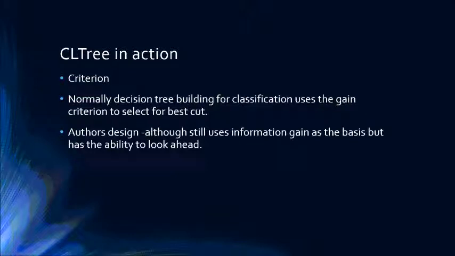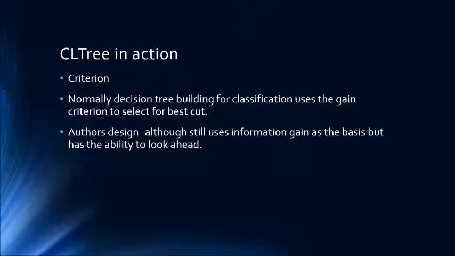Looking at yet another modification, the authors have one with the criterion. Normally, decision tree building for classification uses the gain criterion to select the best cut. Now, according to Liu et al., this is not satisfactory because the cut with the best information gain tends to cut into clusters, and the criterion does not anticipate the best cut.